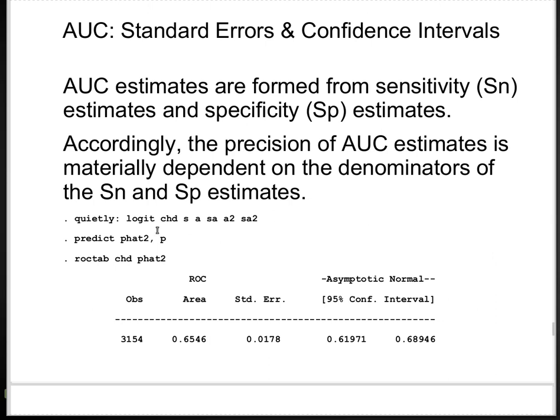And we've done so by fitting this model. In this case, I've done this for you for the model that includes nonlinearity. And then this ROC tab function gives us the area under the curve estimate and the confidence interval for it.